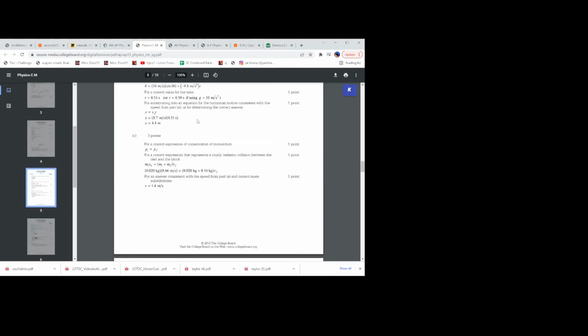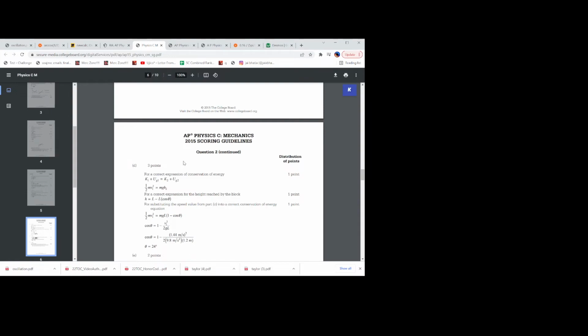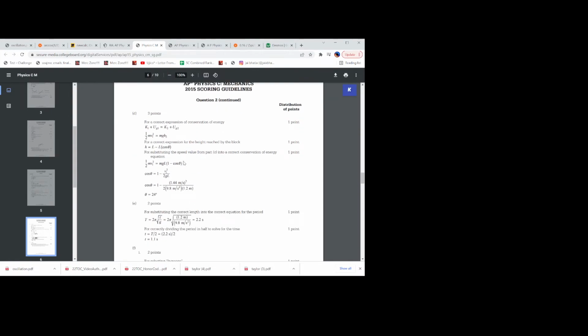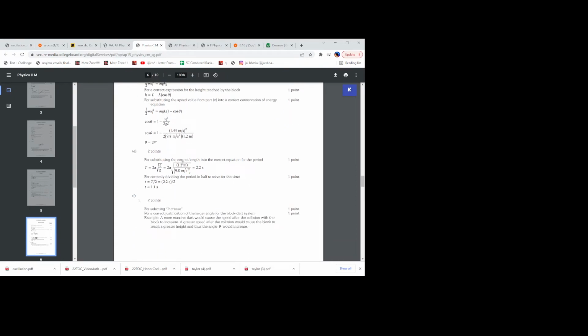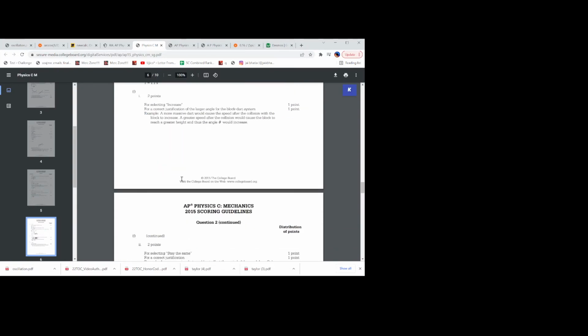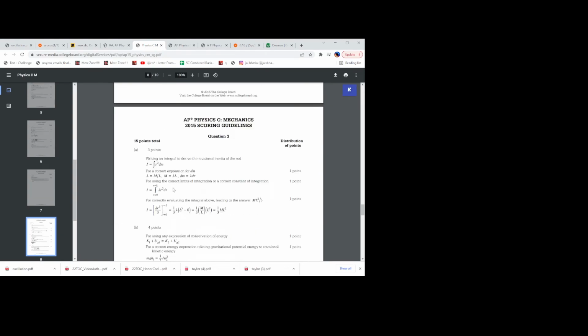Wait, what? Yeah, okay. So I said this. I mentioned this correctly. You do have to divide by 2. Very key thing to remember.